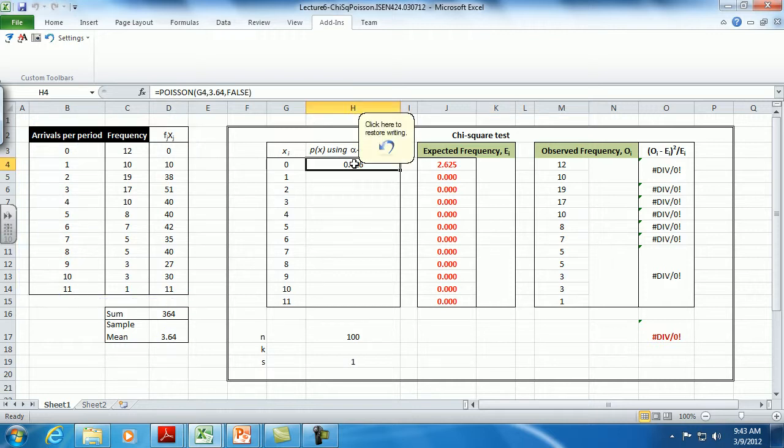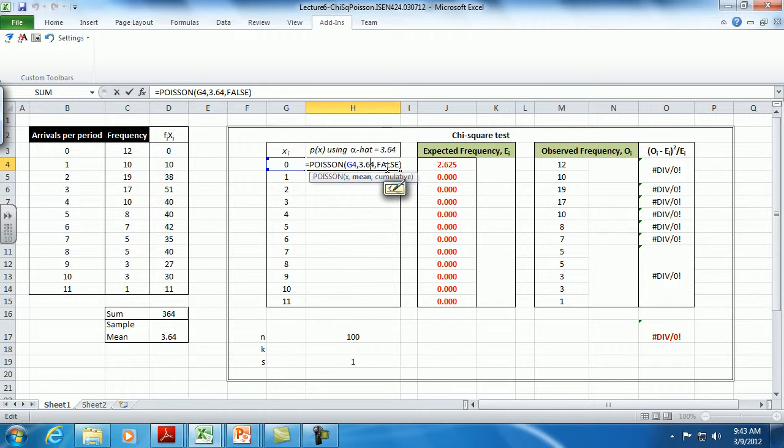So if you look at what I'm doing in this cell, it computes the probability using the Poisson of having 0 arrivals. So we have X, which is the first piece of information that the formula asks you. We also have the mean, which is what we computed already here, the sample mean.